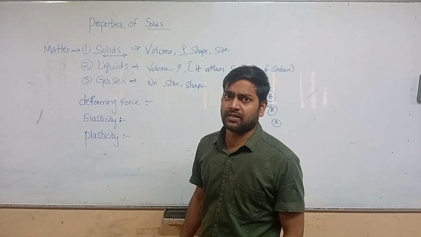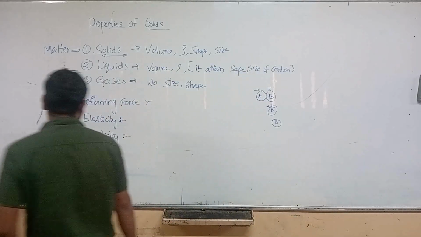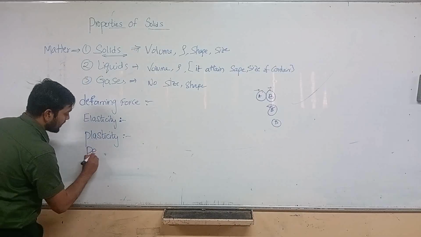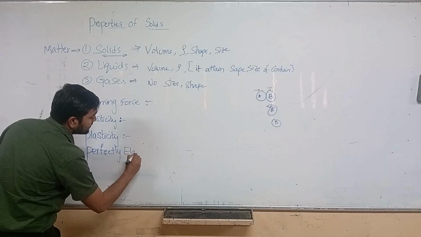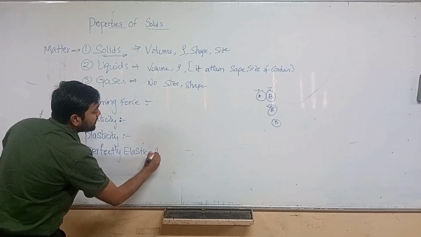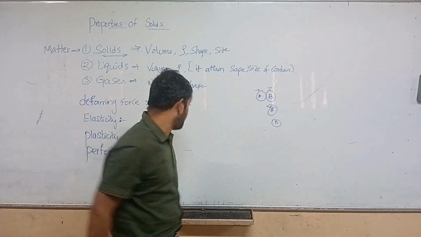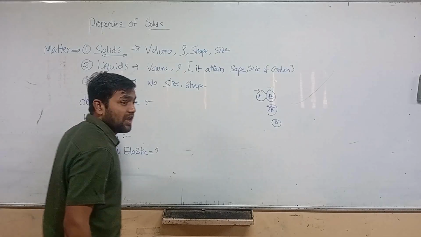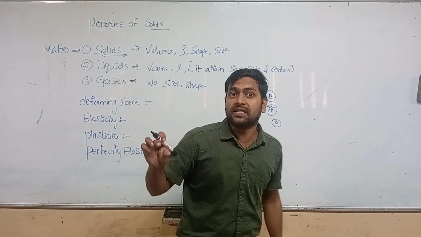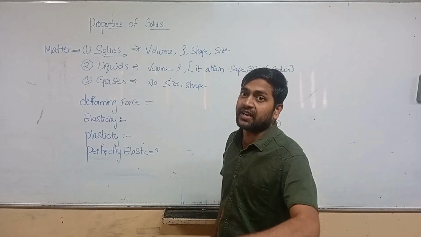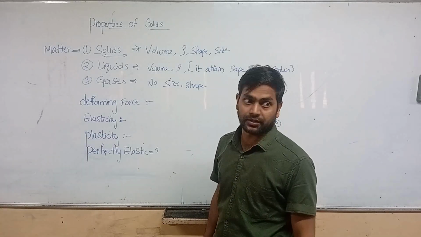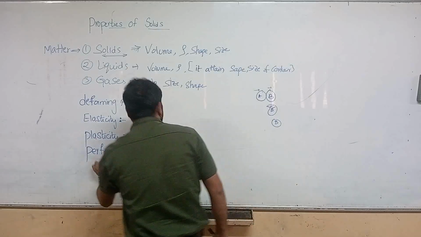So let us take the perfectly elastic. What is perfectly elastic? We know the definition of elasticity: when an object is deformed, after removal of the deformation force, it regains its original configuration. But here we are using the word perfectly, right?